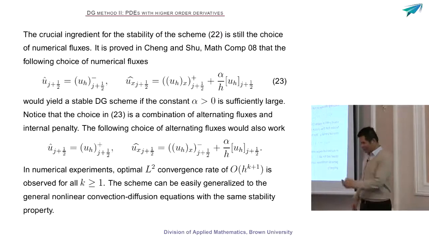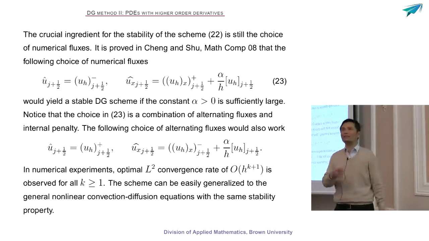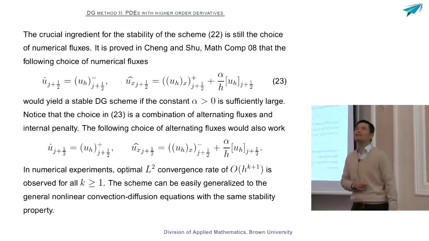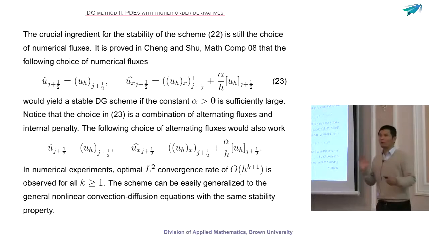Even though they have these parameters, or in the anti-symmetric case no parameters, they lose order of accuracy. There are still people preferring to use them because of simplicity.